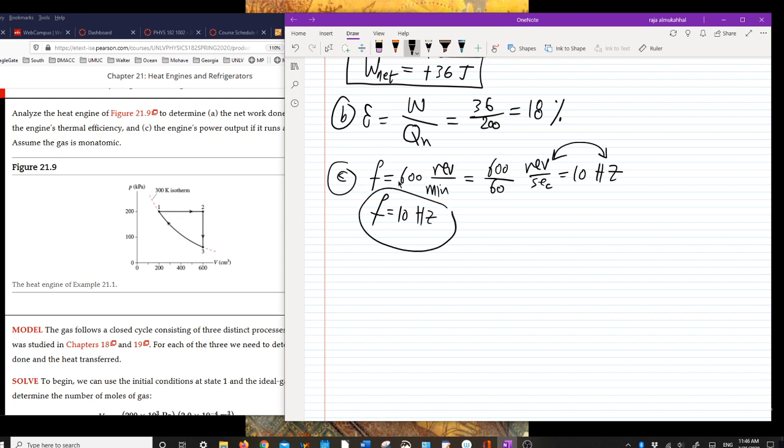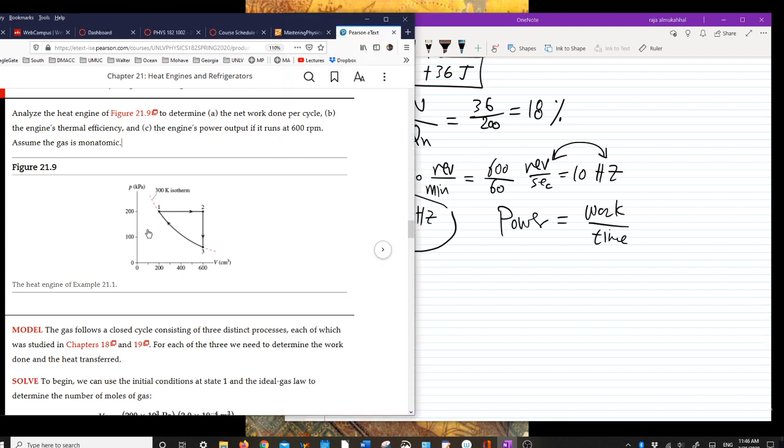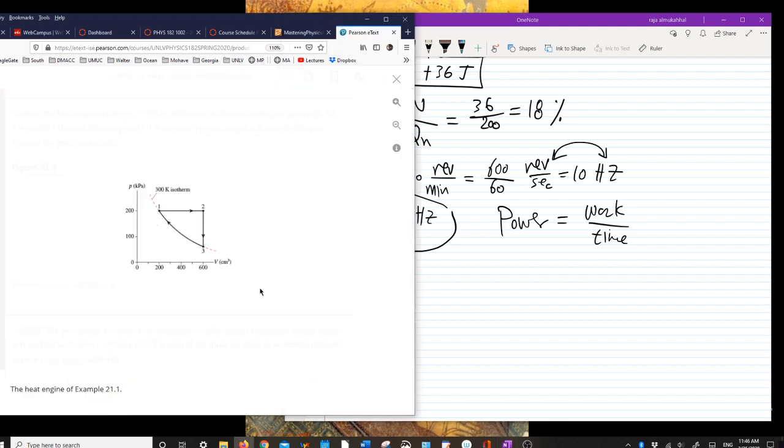Why do I need that? What is the power? Well, I know that power is equal to work over time. What is the time here? The time is the period, the time it takes to complete one cycle, to go from 1 to 2 to 3 to 1, and so on.